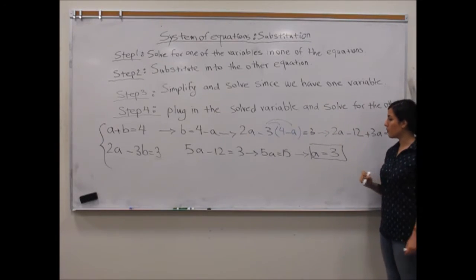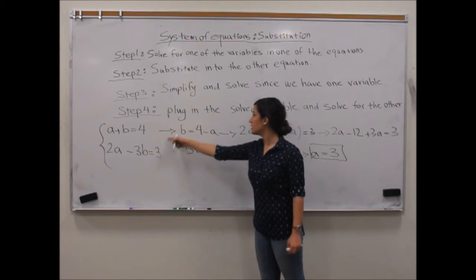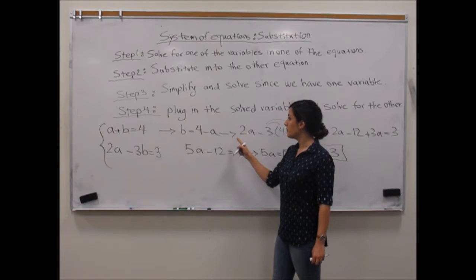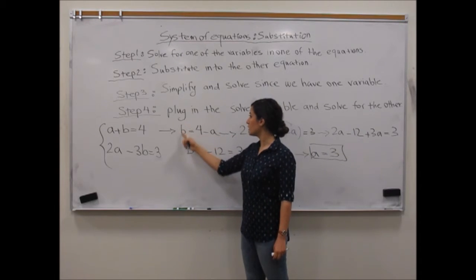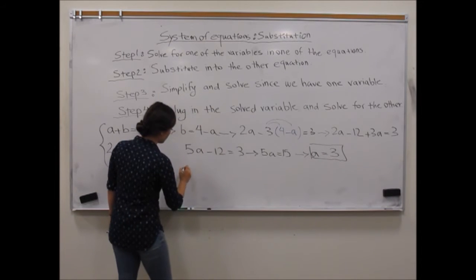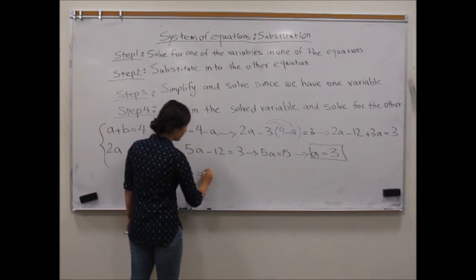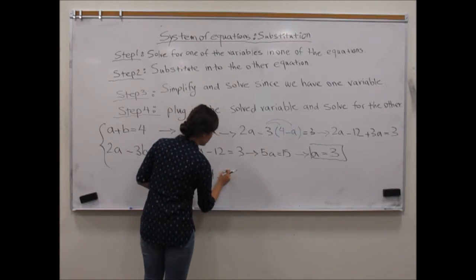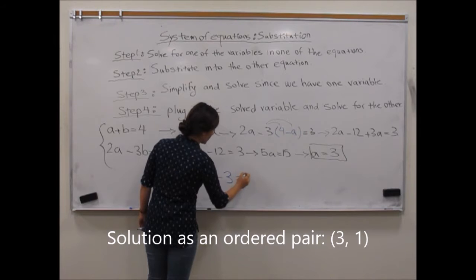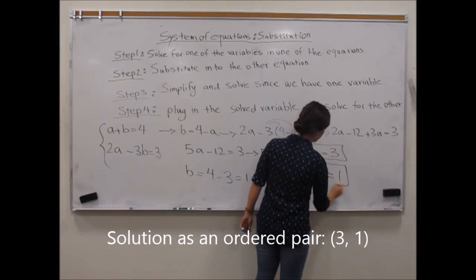And then step 4, I'm going to plug in the 3 into one of these equations or this one. Notice that if we choose this one that we already solved for b, it will be easier to find b. So in b equal 4 minus a, I'm going to have b equal 4 minus 3, and then I would have 1. So b is 1.